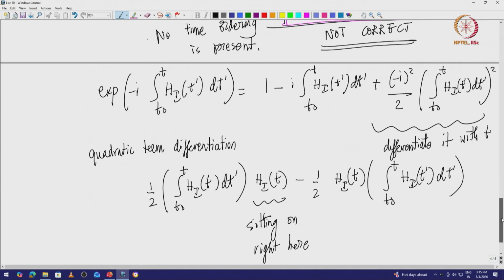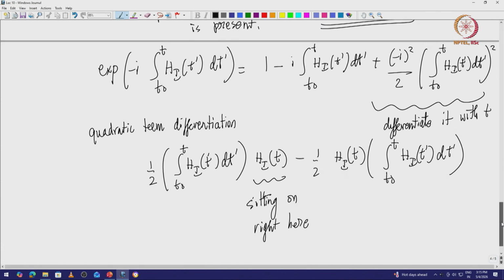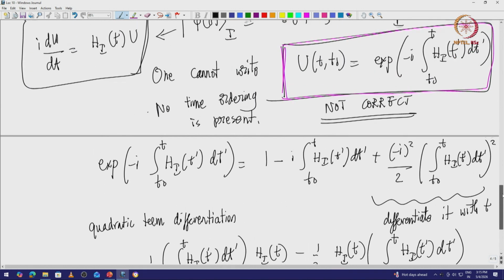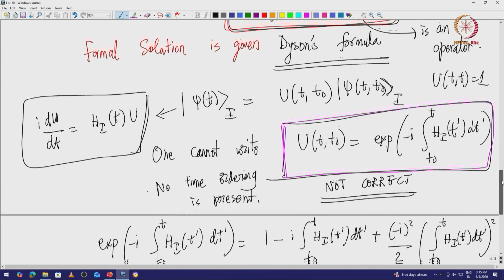Now when you do this integration here, the quadratic term integration, what you see is that H_I of t is sitting on the right, with a t essentially. This means that once you do this integration, you won't be able to match it with the U term.